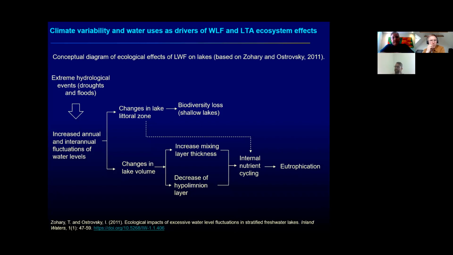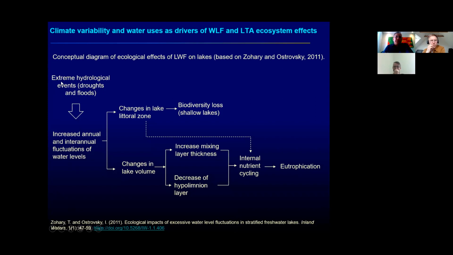And we started to study this issue in terms of lake water level fluctuations. And then we found this paper from Zohary and Ostrovsky from 2011 addressing water level fluctuations, which are caused by extreme hydrological events, droughts and floods.